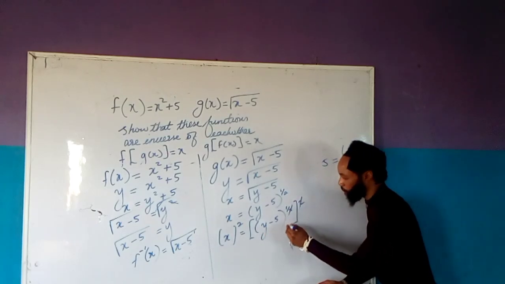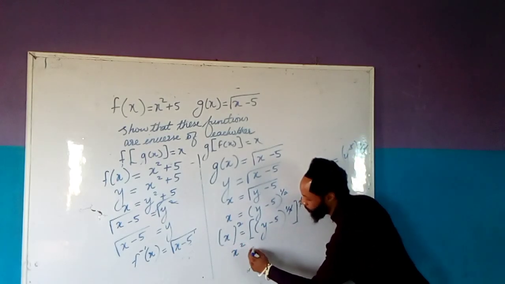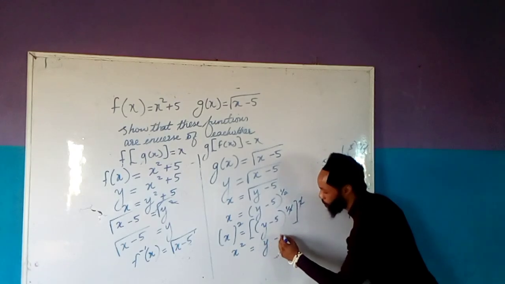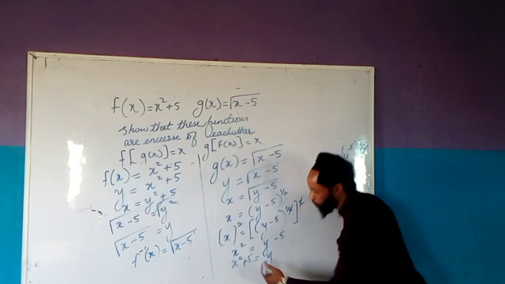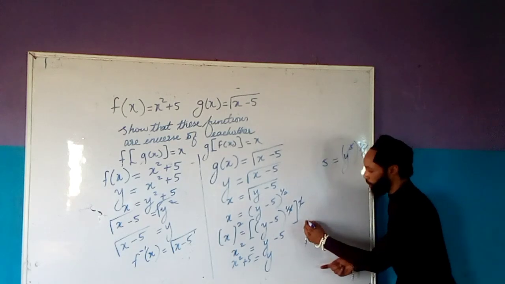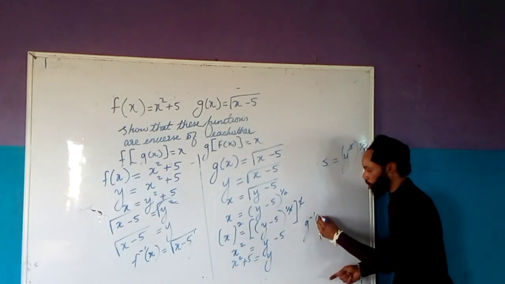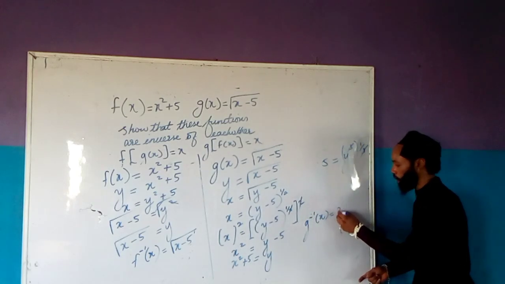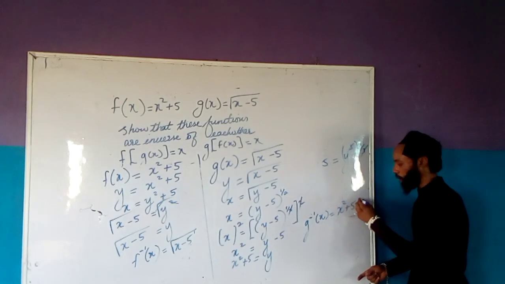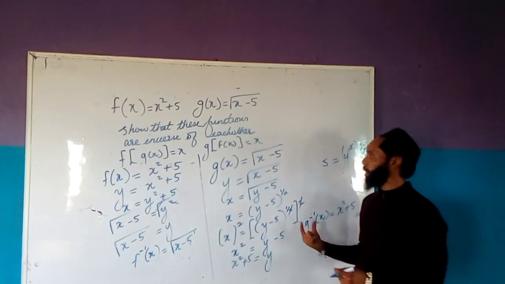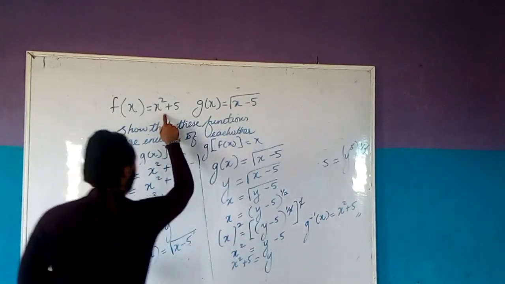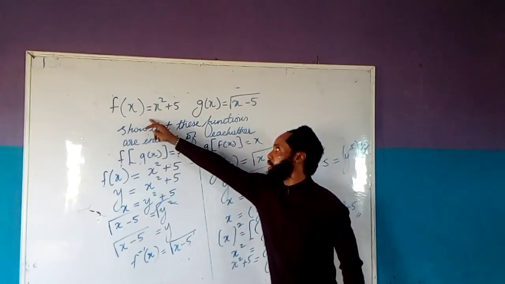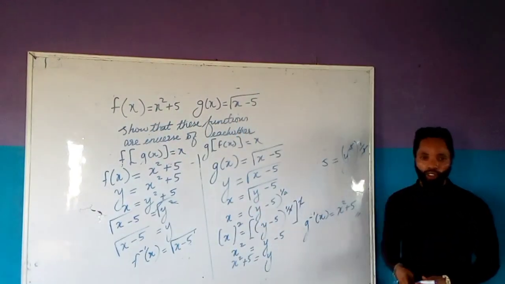So this cancels out. We're left with x squared equals y minus 5. So y will be equal to x squared plus 5. Have you seen it? Hence, g inverse of x equals x squared plus 5. So the inverse of this gave us this, and the inverse of this gave us this. Hence, they are inverses of each other.